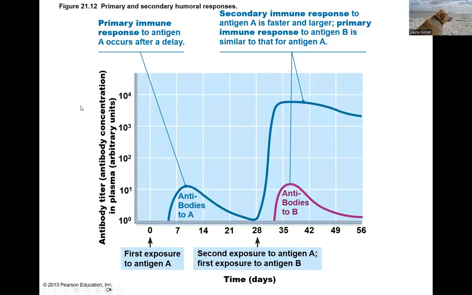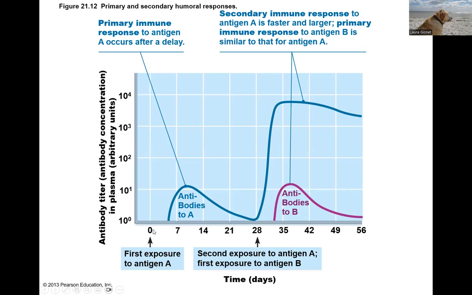So here, and this is the one that I don't really care too much about, I need to check their newer edition and see if they've changed this. The blue line here, up at the top, says this is your primary immune response to an antigen A, which occurs after a delay. Down on the bottom, let's start with day 0.